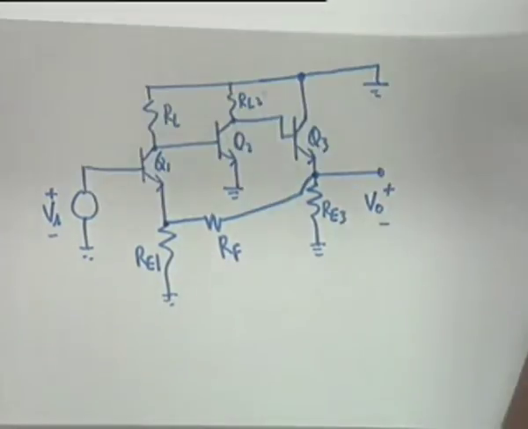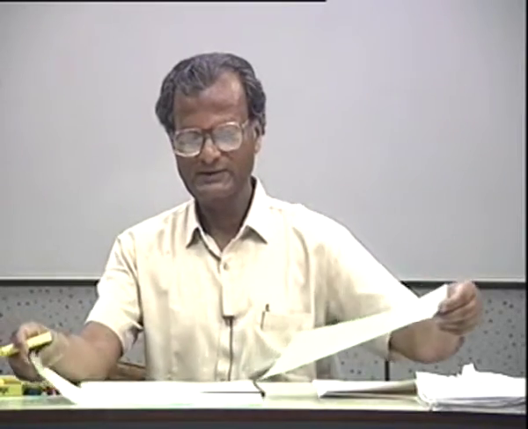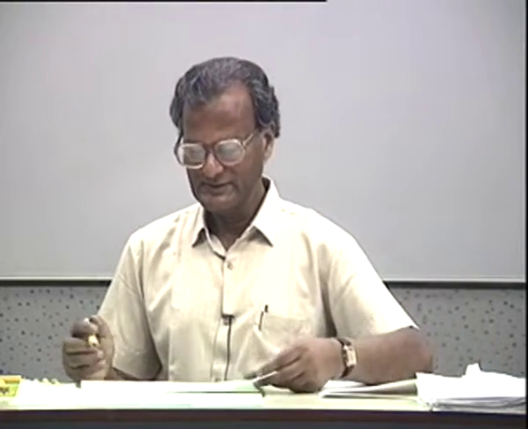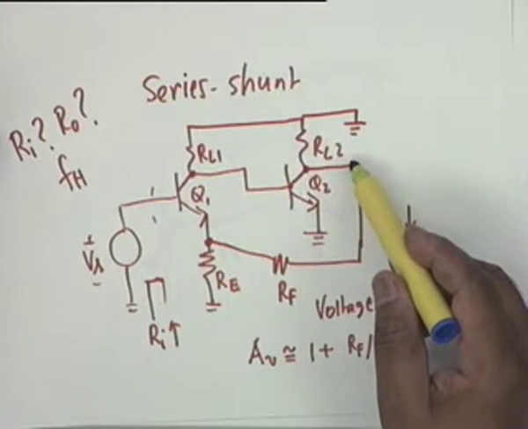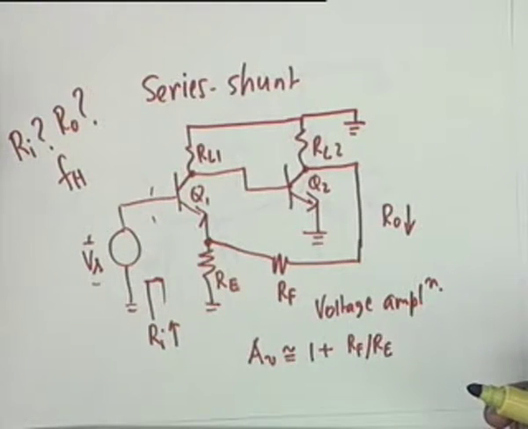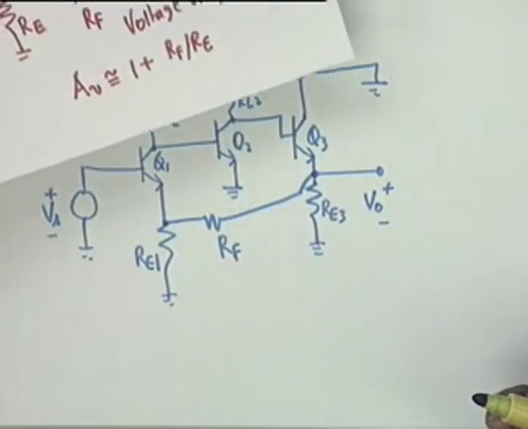If you compare this with the previous circuit, that is the 2-stage overall feedback or a feedback pair, all that has been added is, instead of taking the output from, no, this is not the circuit, series shunt, this is the circuit, okay.